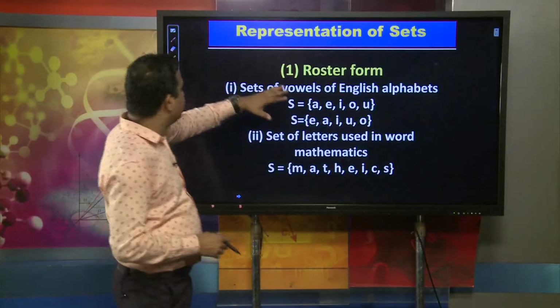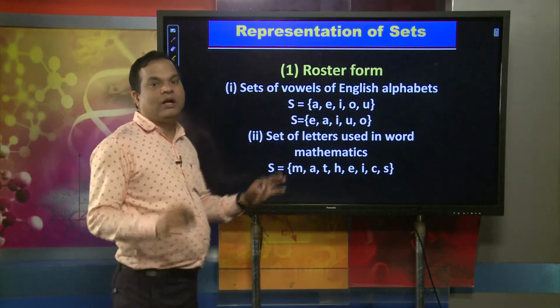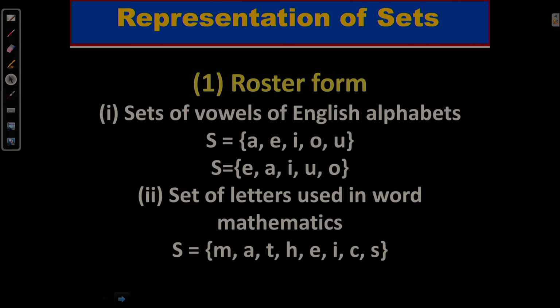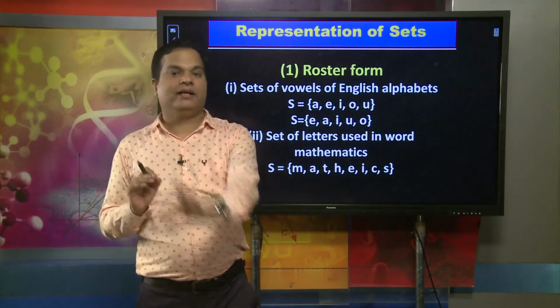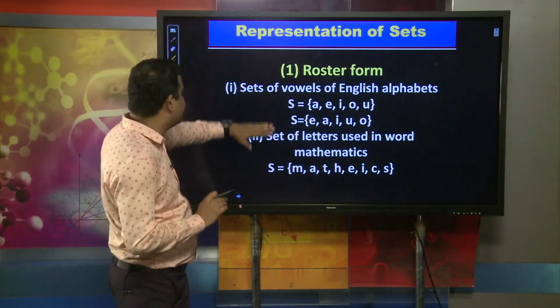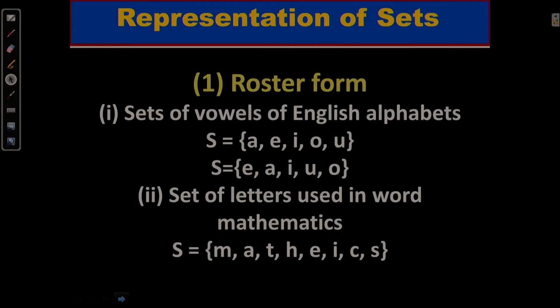When talking about roster form, we must understand that when we write a set, we must write the name of the set in a capital letter. Suppose I would like to form a set, example 1, the set of vowels of the English alphabet. We know there are five vowels: A, E, I, O, U. By taking these elements, we form a set.